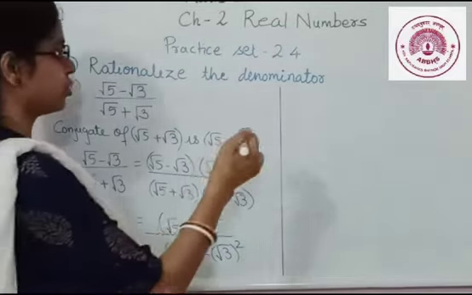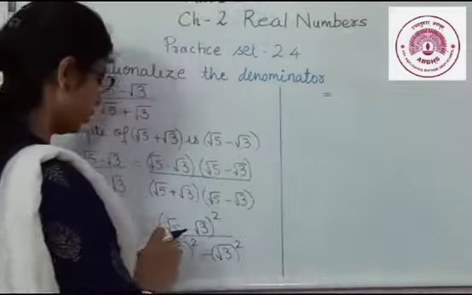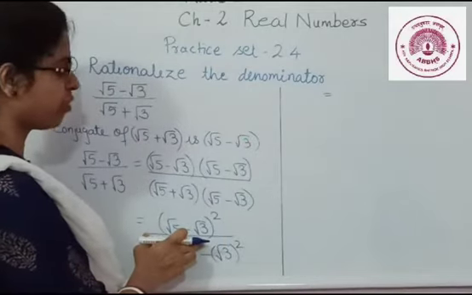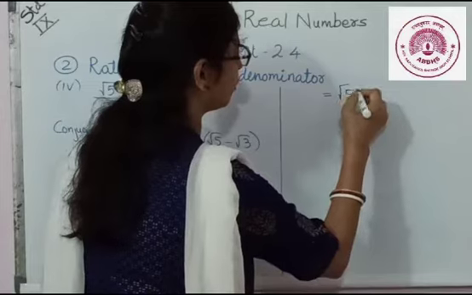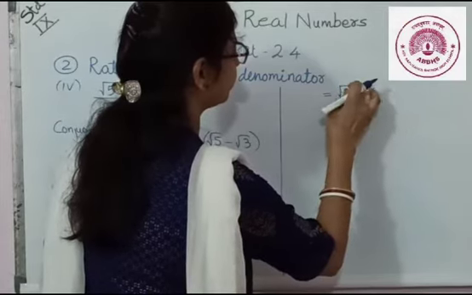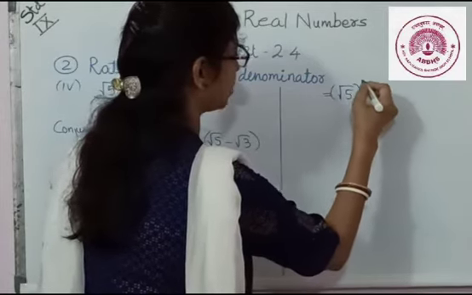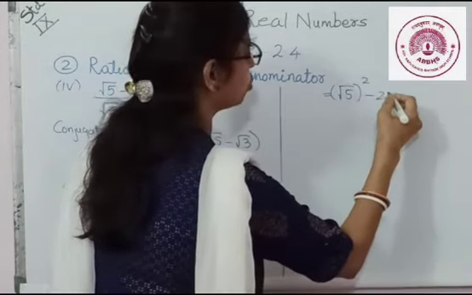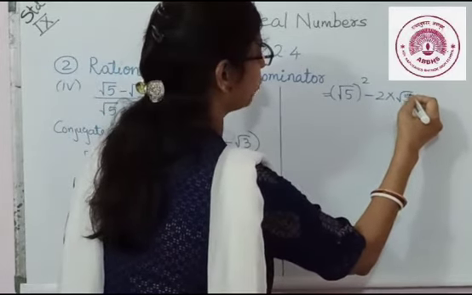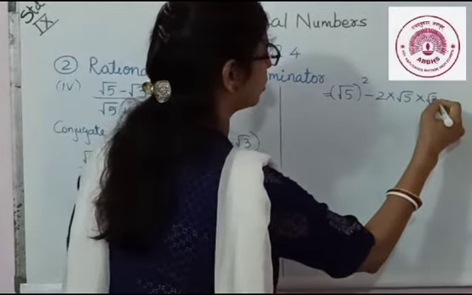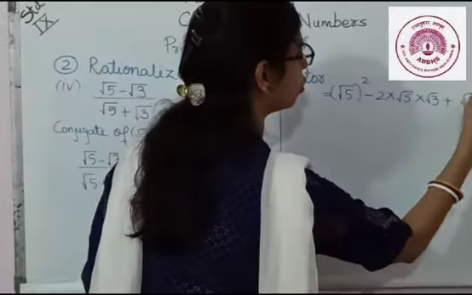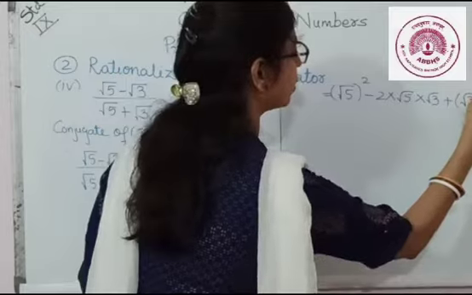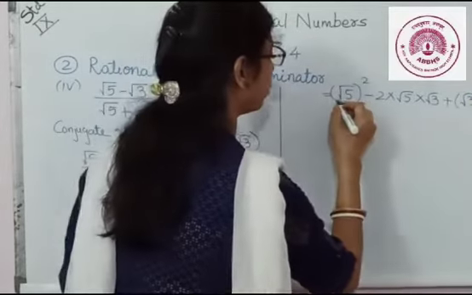Okay. Now a minus b whole square formula we can apply for the numerator. So we'll get root 5 square, that is a square, minus 2 into root 5 into root 3, that is 2 into a into b, plus root 3 square, which is b square. Okay.